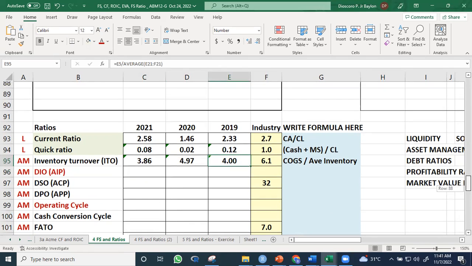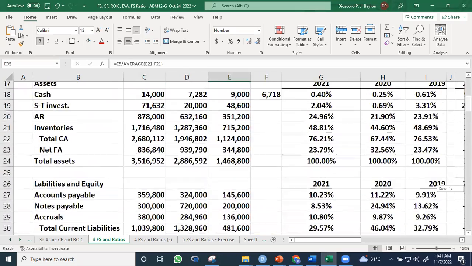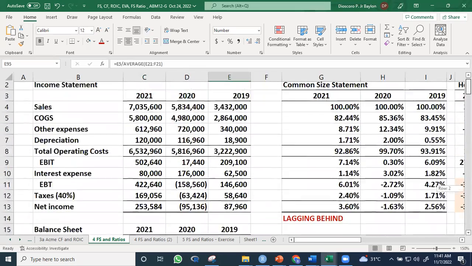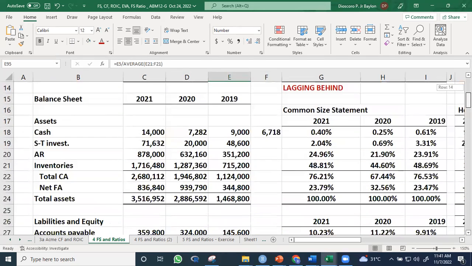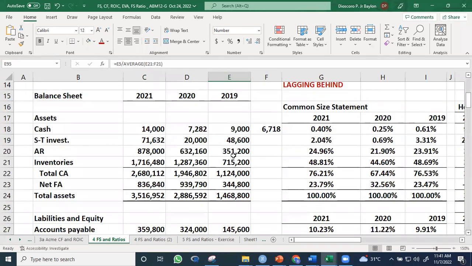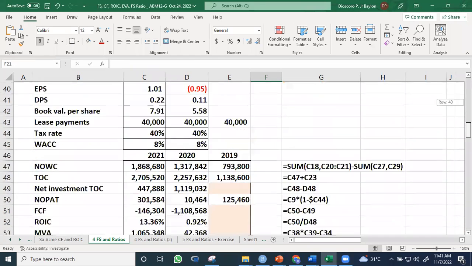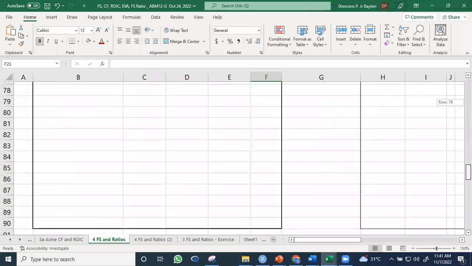For 2019, okay, although wala kasing 2017, no? But nevertheless, class, sinama pa rin natin siya, no?